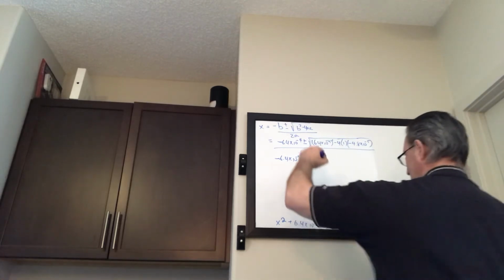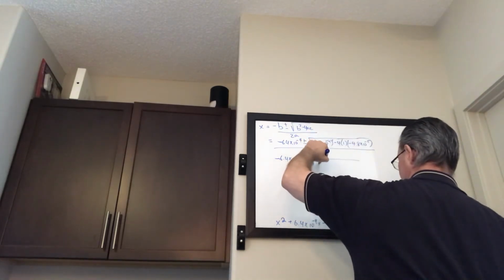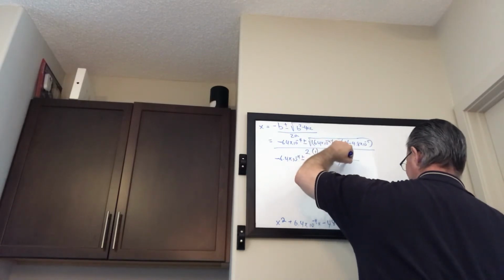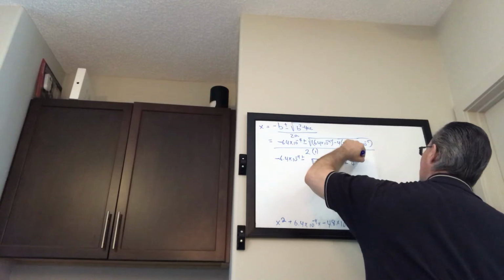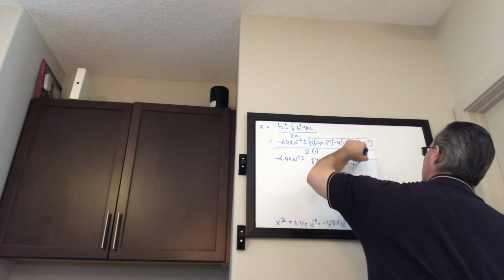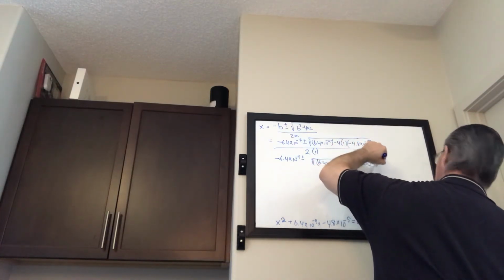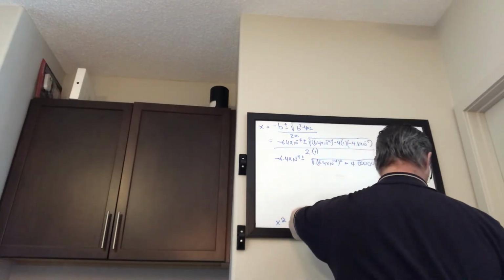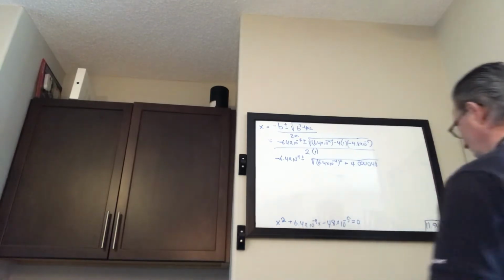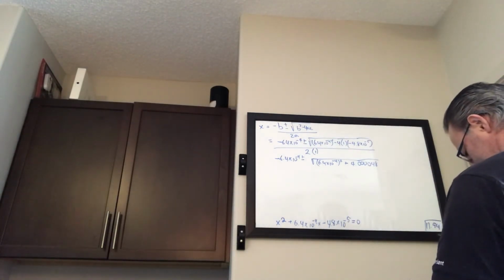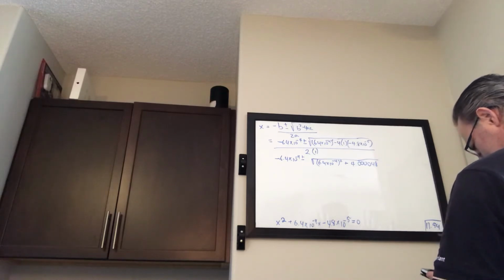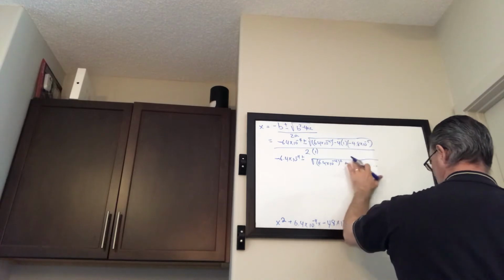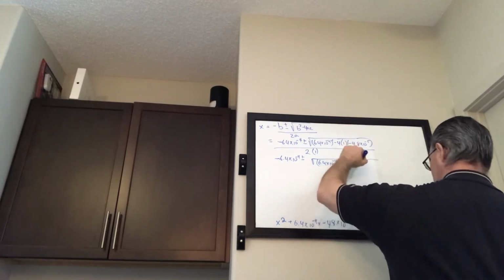So what you get inside that bracket is 6.4 times 10 to the negative 4, all squared, plus 4 times 4.8 times 10 to the negative 5. Okay, I'm starting to not trust my calculator. I must be pushing the wrong buttons.